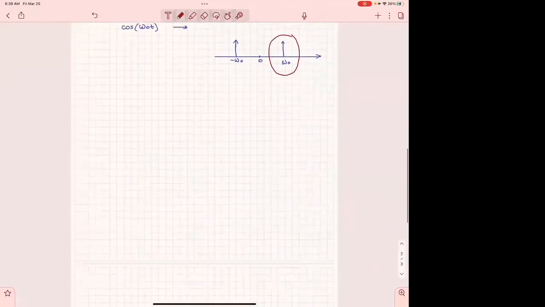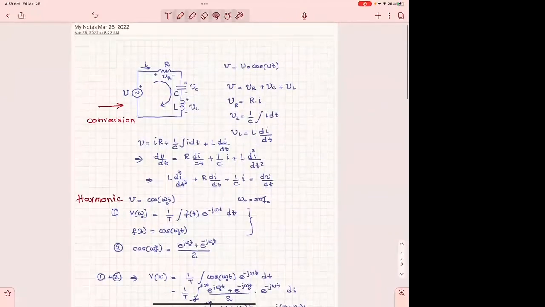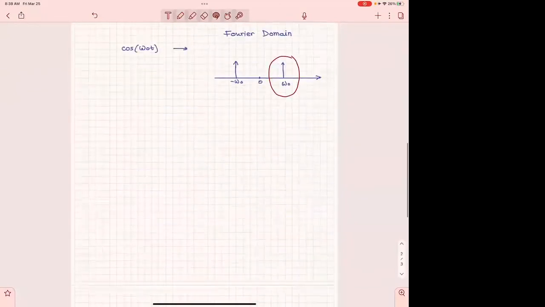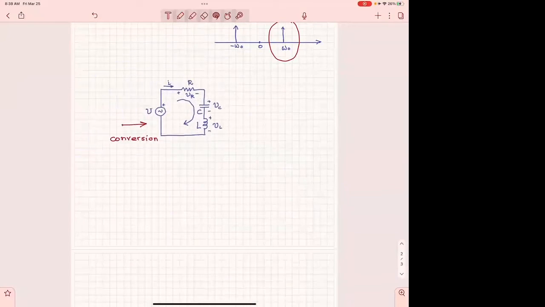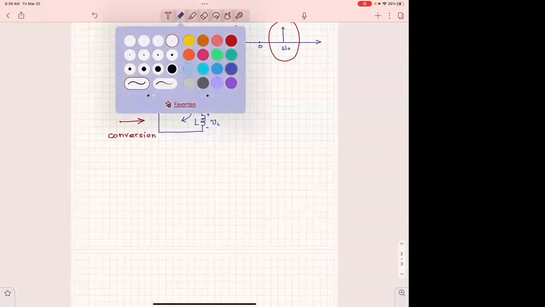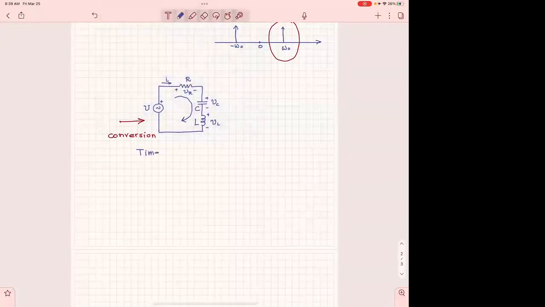If I copy this and paste it here, the conversion formula tells me that from time domain to frequency, and I want you to remember this table. This is only for harmonic excitations. So we have t and we go to omega.